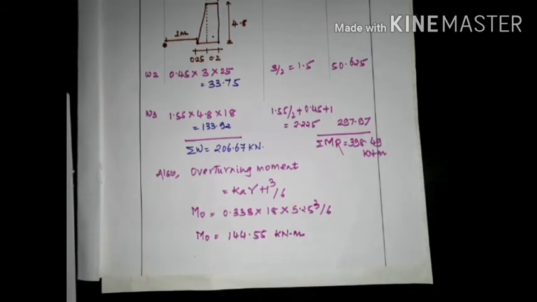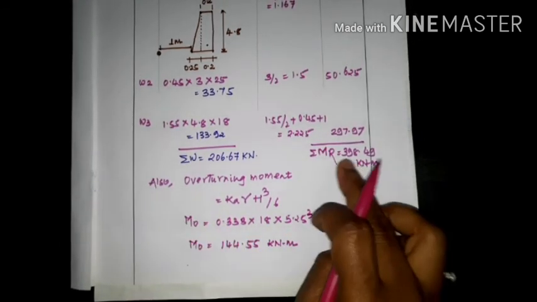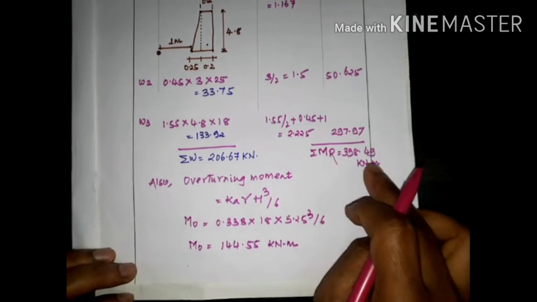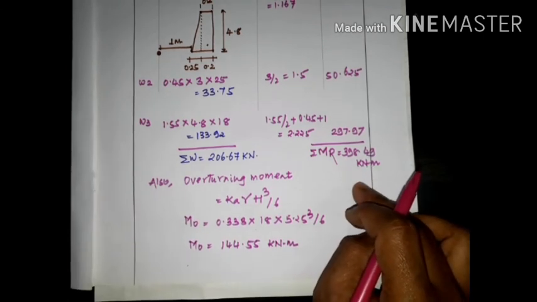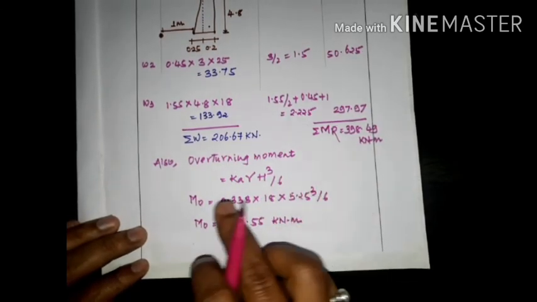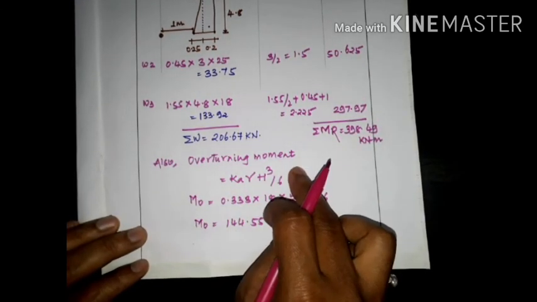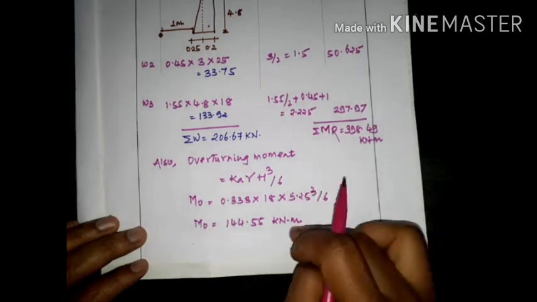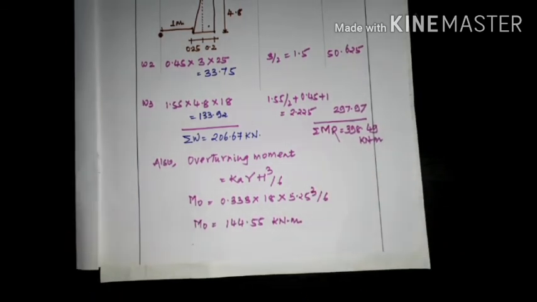Okay, so what is happening here? This is the resisting moment, which tries to resist, while this tries to overturn the retaining wall, that's why it is called the overturning moment. So you have to compare these and calculate the factor of safety with respect to overturning.